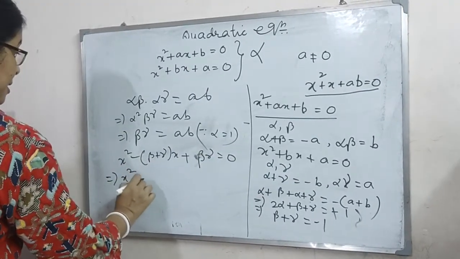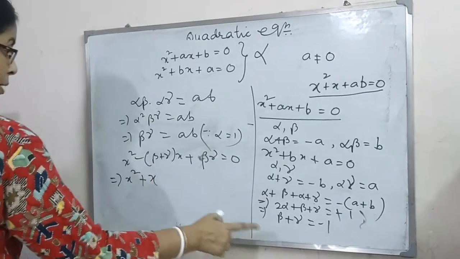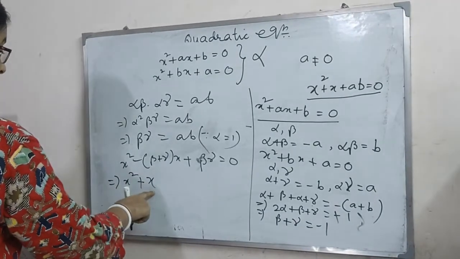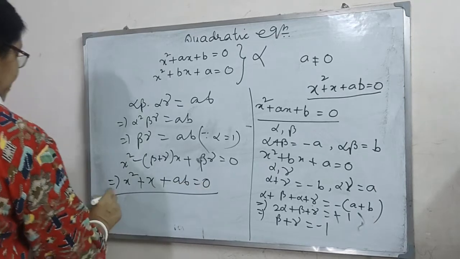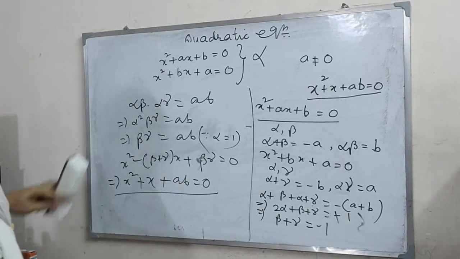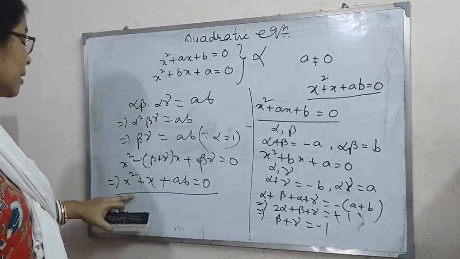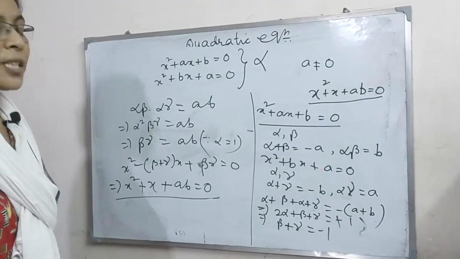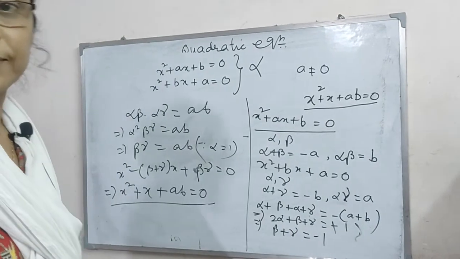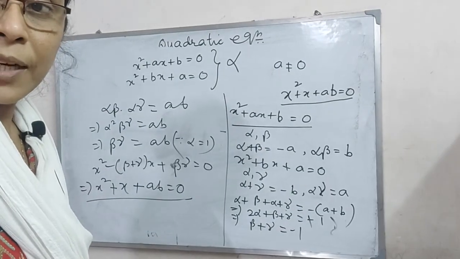Since beta plus gamma equal to minus 1, we have x square plus x plus ab equal to 0. So beta and gamma are the roots of this equation. Hence, the condition is proved. I am ending here.